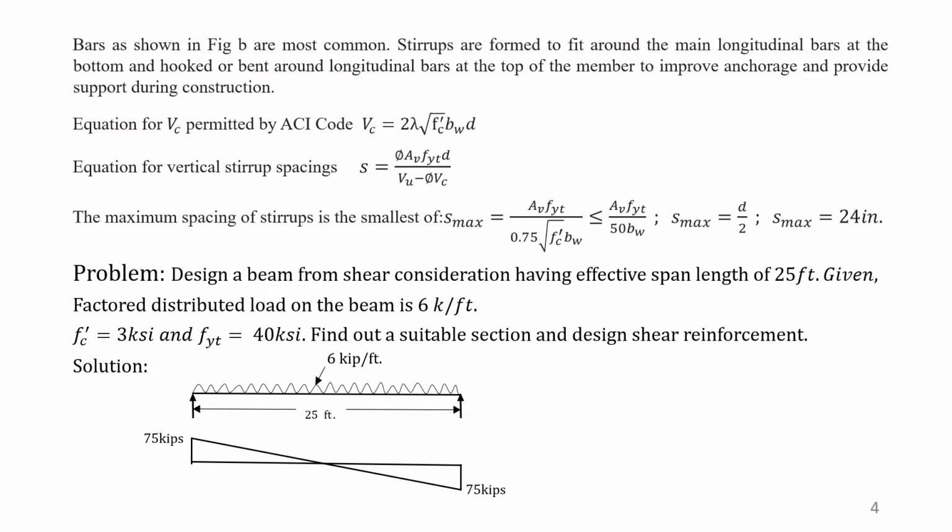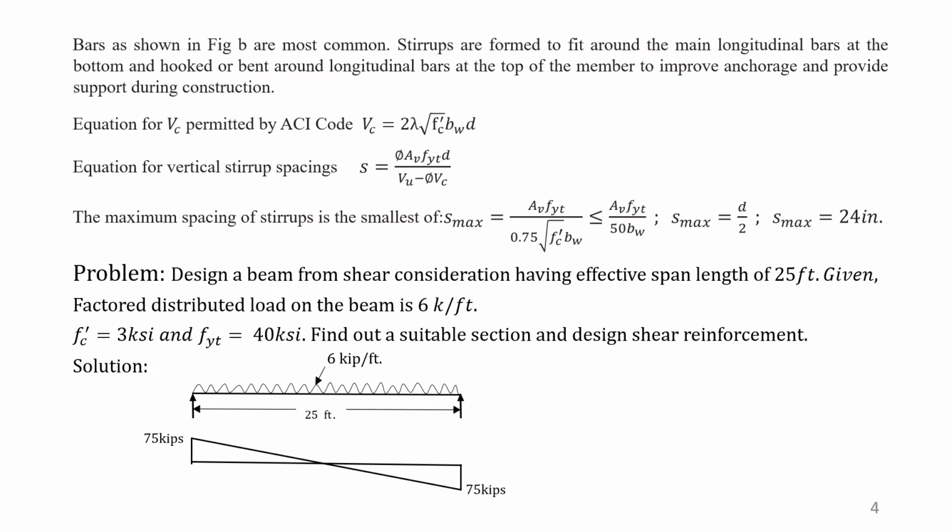So, in this equation, we have shown how much shear force will be taken care of by the beam section. Here bw and d give the cross section, f prime c is the concrete strength, lambda is the aggregate factor, and 2 is a coefficient, and this much shear force will be taken care of by the b into d section.